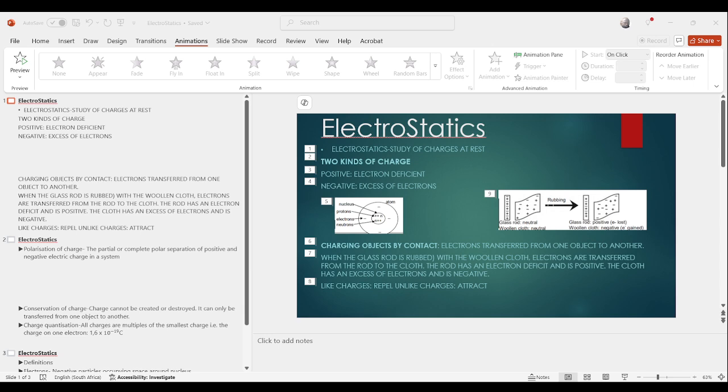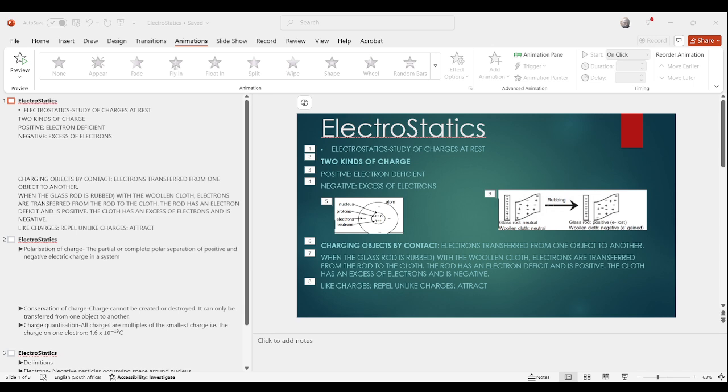So this is what happens to a neutral object. Let's say you have an object which is positively charged. If you bring it to a neutral object, you see this big gigantic object. This object is neutral because there is an equal number of positives and negatives.